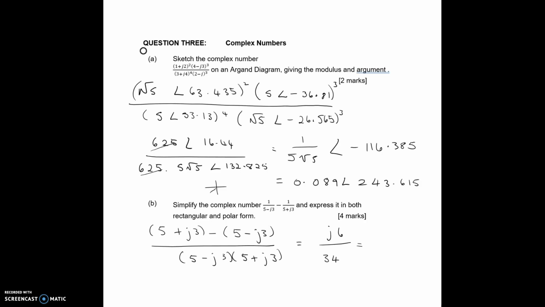If we convert that into rectangular, we get 0 plus 6 over 34, 3 over 17. And if we put that into polar, it's 0.1765 angle 90 degrees. You weren't asked to draw it, so don't draw it, just leave it like that.